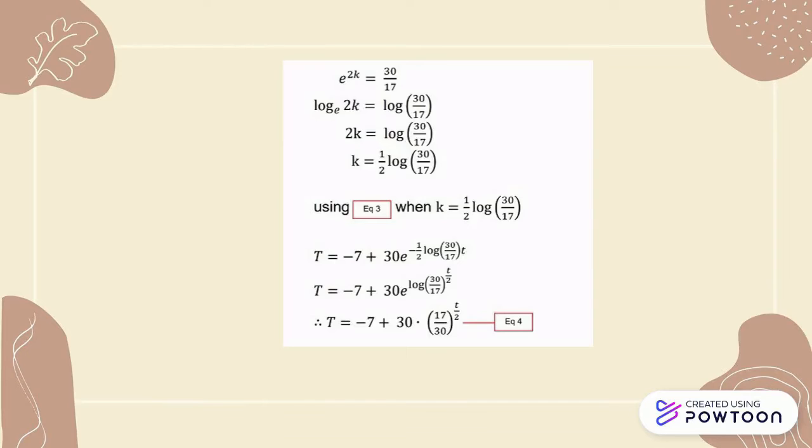Using equation 3, with k equal to 1/2 log(30/17), we should find equation 4. We put T = -7 + 30e^(-(1/2) log(30/17) t), and we will get T = -7 + 30 times (17/30) to the power of t/2.